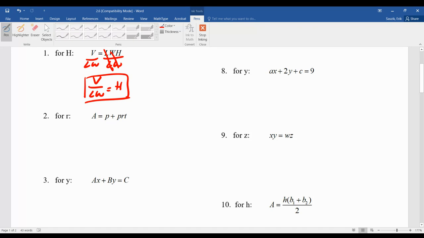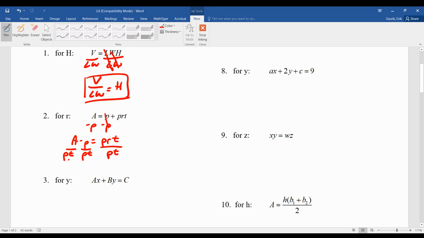This next one can be tricky. It depends. You know, we want to solve for r, so we got to get rid of this little p first. So we have a minus little p equals PRT. What's happening to the r? It's being multiplied by PT, so we're going to divide everything by PT.